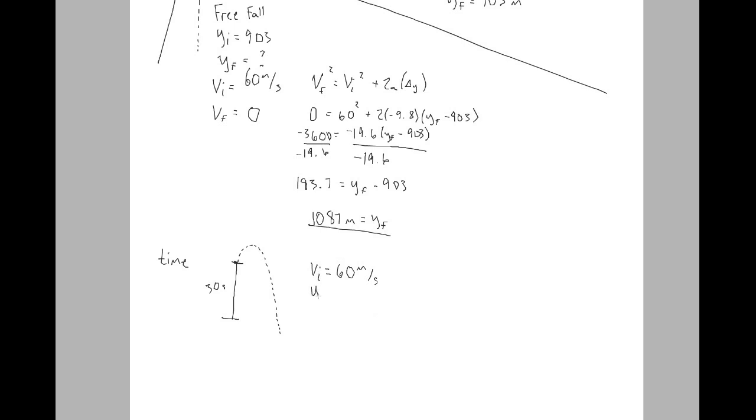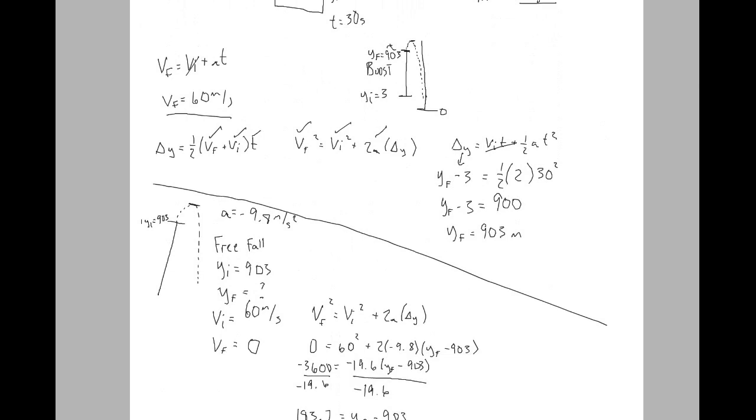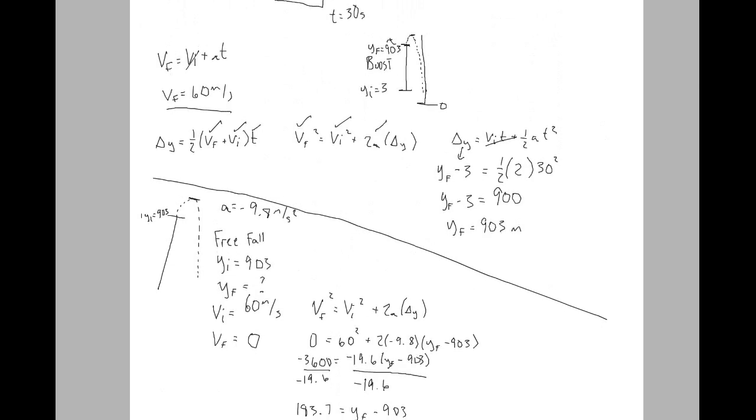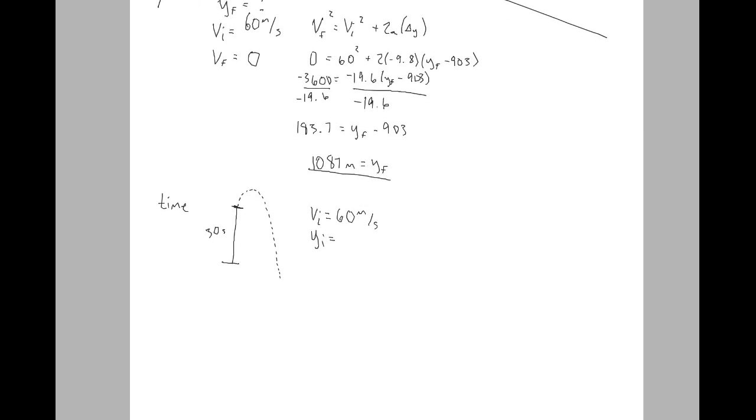And I know my Y initial, or how high I went up in the air from the beginning part, and it was where? My final height for my boost phase was 903. So this height right here was 903. So my Y initial is 903. Now, my Y final, again, I could do it a couple different ways.